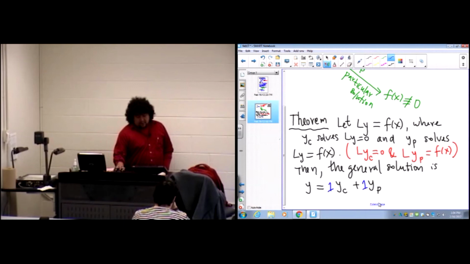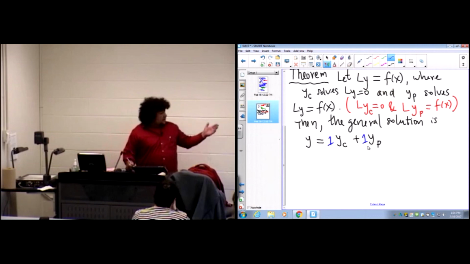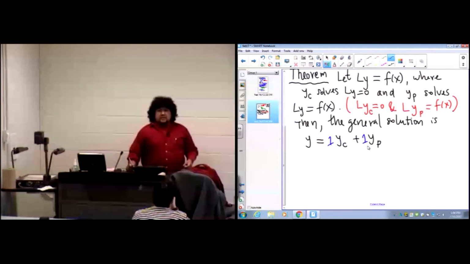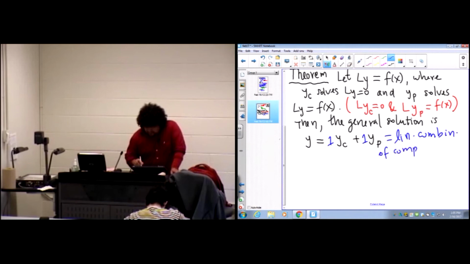What we're saying is that the general solution is a linear combination of the complementary solution and the particular solution.